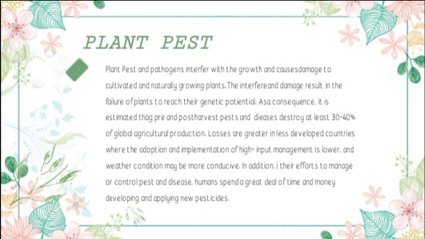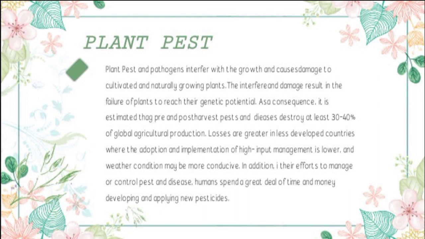Also, as a consequence, it is estimated that pre- and post-harvest pests and diseases destroy at least 30 to 40% of global agricultural production.